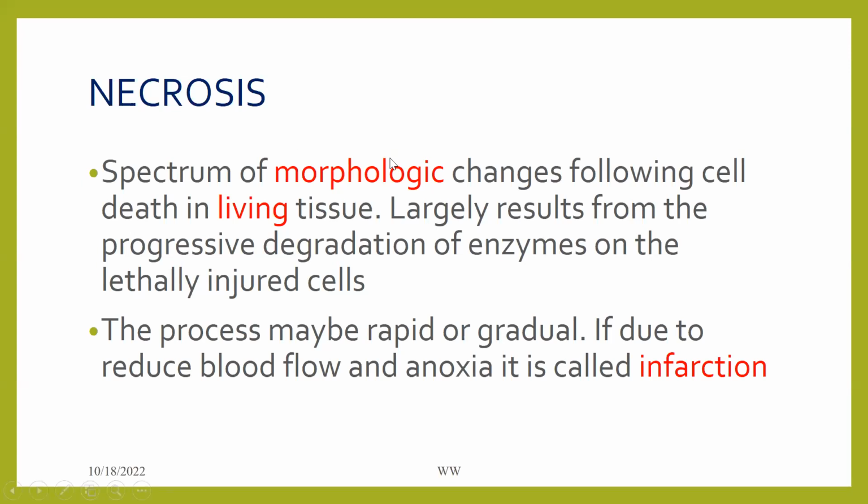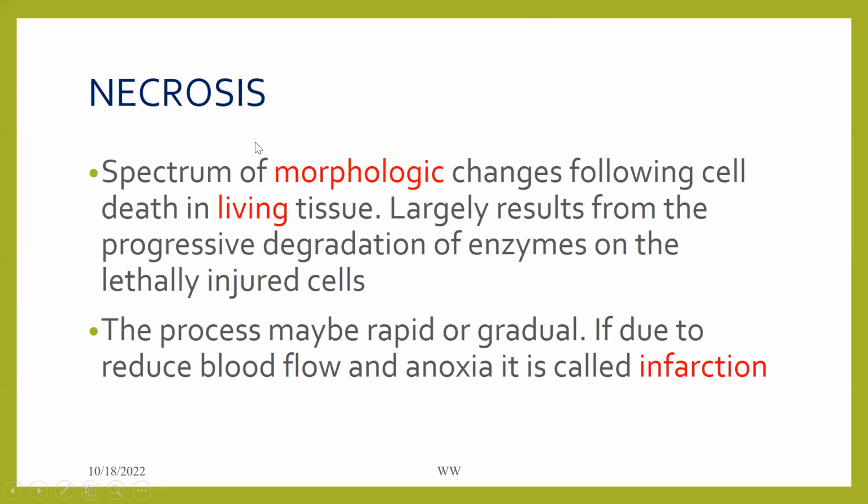But here, there's injury where the cell cannot maintain homeostasis, and therefore you get tissue dying surrounded by living tissues. So a spectrum of morphologic changes following cell death in living tissue. That's the catchword, in living tissue. We don't talk of autolysis here.